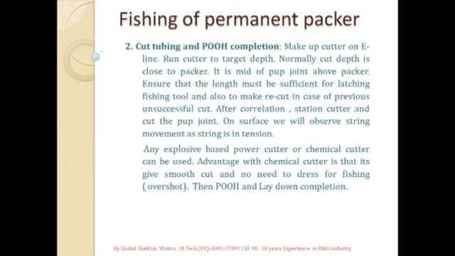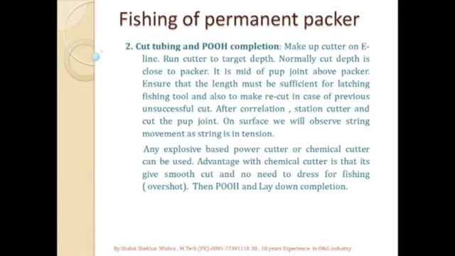And here we decide the cutter based on the grade of the tubing, meaning the metallurgy, and the ppf of the tubing. Based on that, and the ID of the tubing, we decide the type of the cutter.